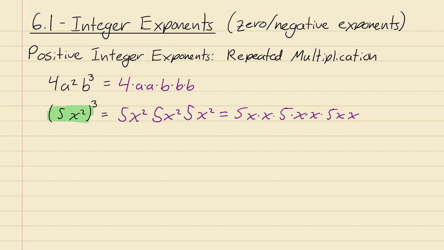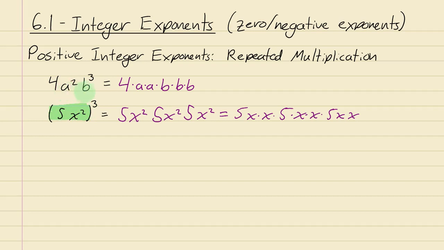So whenever you have something with positive integer exponents, it's really just a shortened way of writing out the whole thing multiplied some number of times together. And keep in mind that if it's in parentheses like this, the base of this exponent is everything in parentheses.